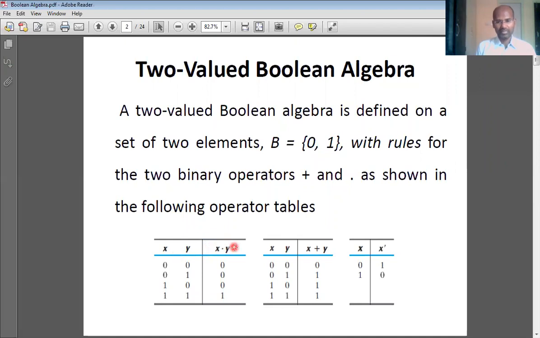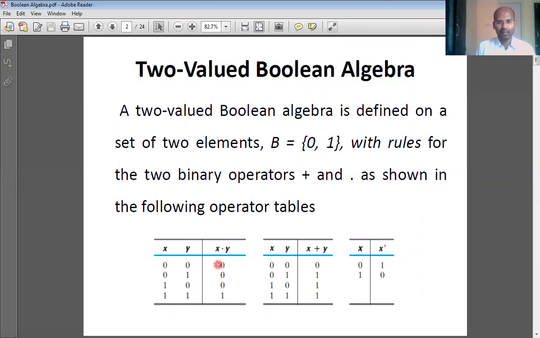So the first operation is called binary addition, which has the symbol plus. Binary multiplication has the dot operation, and binary complement is x dash, or sometimes we use x bar. Bar also means the same thing.